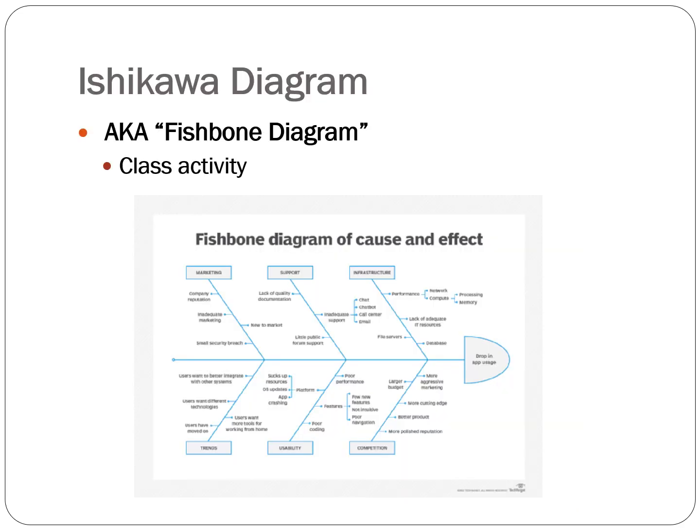An Ishikawa diagram is a really good approach to figuring out causes and effects. And specifically, it helps us deal with what we call root causes of a problem. In any kind of situation, let's say that a car crashes into a building and it damages the building.